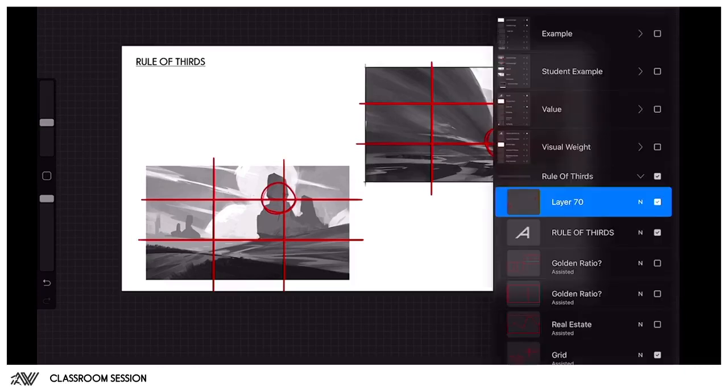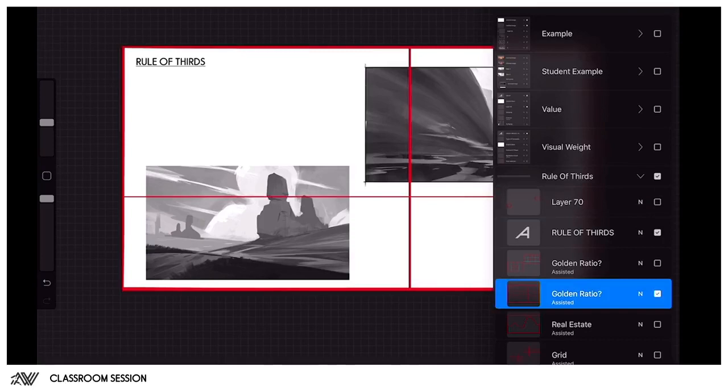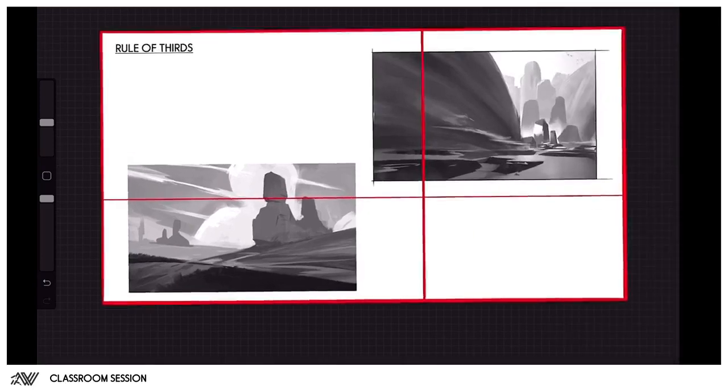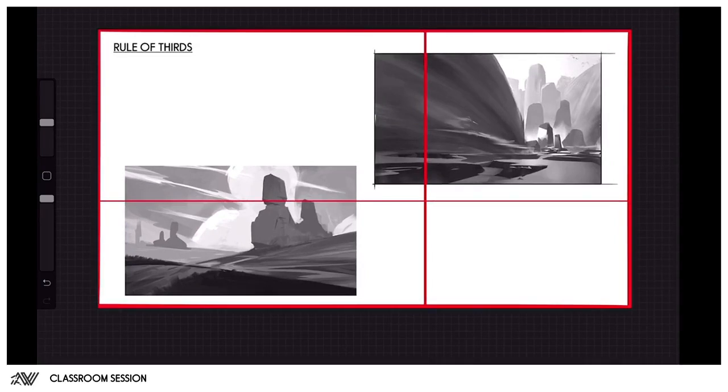Now there's another rule that is a bit more advanced than the rule of thirds, which is called the golden ratio. I divided my entire screen here into the golden ratio. For people who are not familiar with it, there are many ways that you can come up with the golden ratio.